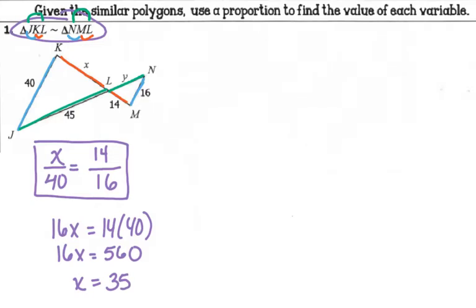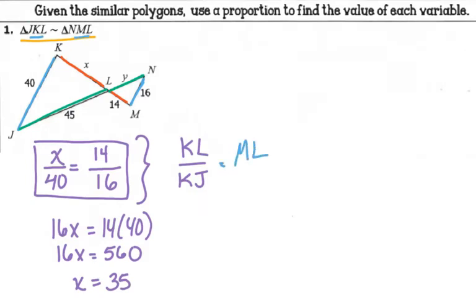Now, if we wanted to make sure that this proportion was correct, we can go ahead and look at those letters. x is representing KL, and 40 is representing KJ. So again, we can look back at that similarity statement and look at the matching parts here. We have KL corresponding to ML, and then we have KJ corresponding to MN.